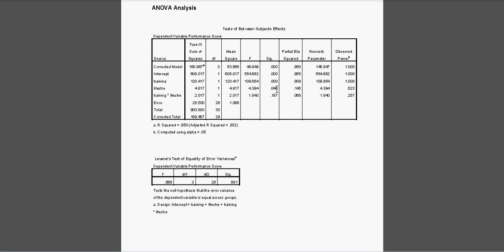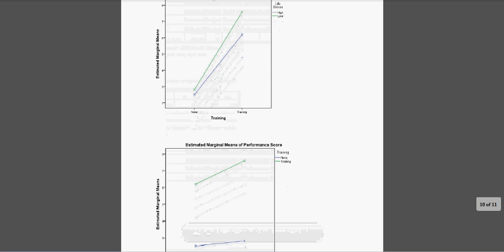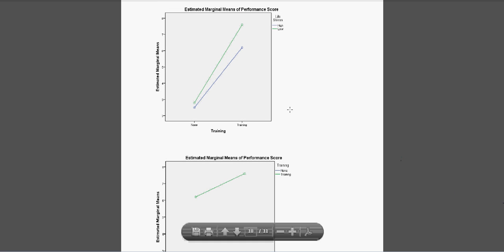And main effect just means the effect of each independent variable separately. So when we look at life stress, we see that it is just about equal to 0.05, just slightly less, and training is less than 0.05. So what does all this mean? Sometimes I find that actually looking at the graphs helps me figure this out. So when I look here, these lines are pretty parallel to each other, and that's another indication that there's probably not an interaction. So people in the low stress group are in green.